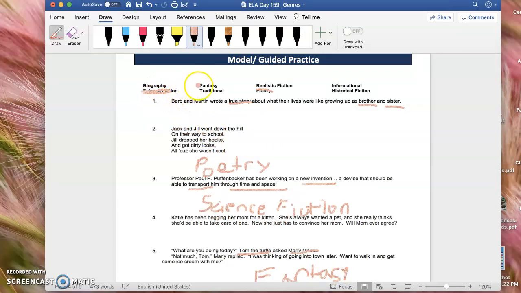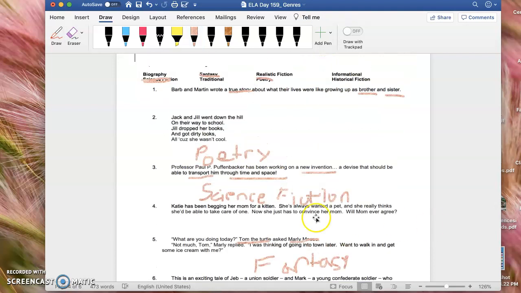Okay, so we have a few more left. Uh-oh, I skipped number 4. Let's go back to number 4. Katie has been begging her mom for a kitten. She always wanted a pet, so we know kitten is something that's real. She always wanted a pet and really thinks she'd be able to take care of one.